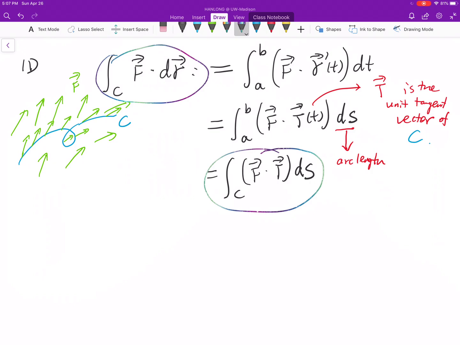So how did we do that? We introduced a geometrical quantity, a geometrical vector field, so that you can do a dot product. After the dot product, your original data, capital F, is transformed into a scalar function. So in 1D, the actual geometric quantity is the unit tangent vector field associated with your curve C.